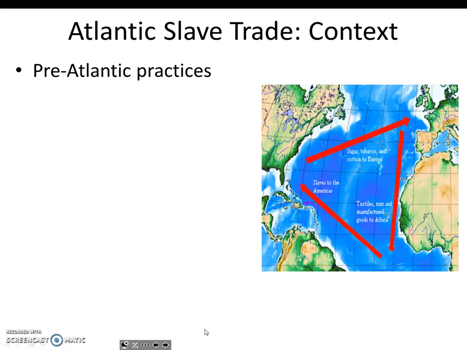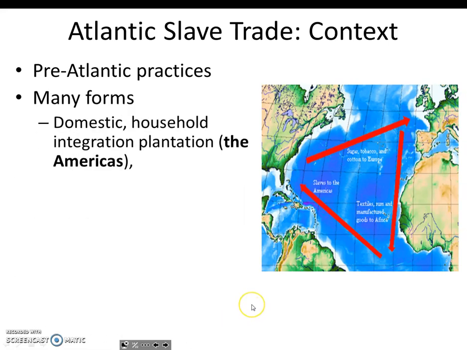Now Africans had practiced slavery and they had sold slaves for centuries, and the trans-Saharan trade took slaves to the Mediterranean world. The East African slave trade had been present since the 7th century, and the Islamic slave trade resulted in many Africans living outside of the continent. So this is a practice that has been present. It's just going to be taken to a completely new level in the Western Hemisphere.